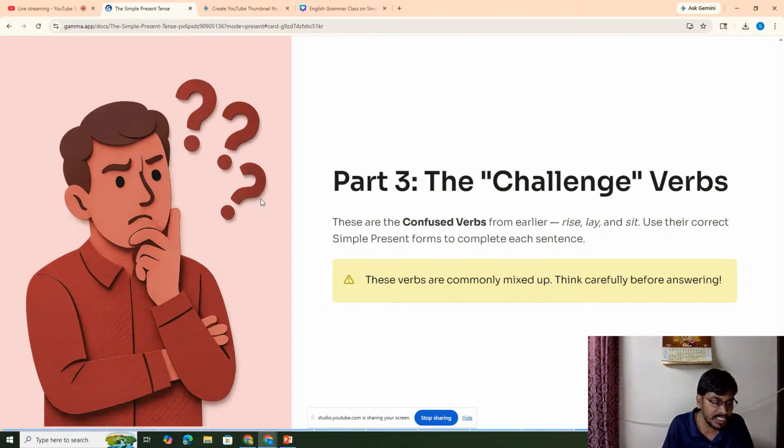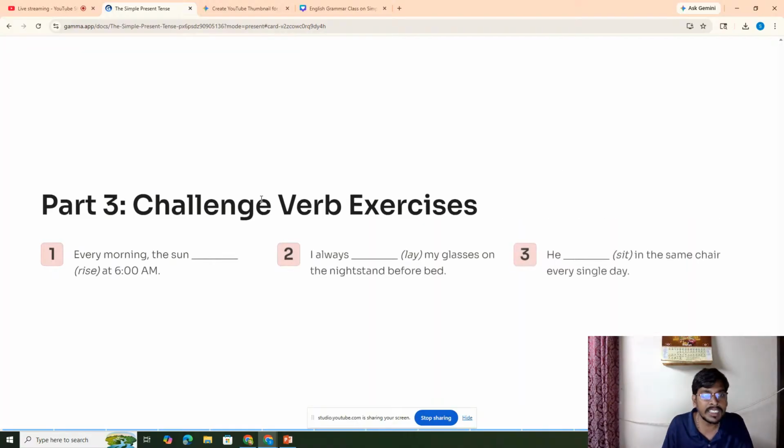So there are some challenging verbs also when we use this. Every morning the sun rises at 6 a.m. Rises is the correct answer. I always lay my glasses on the nightstand before bed.